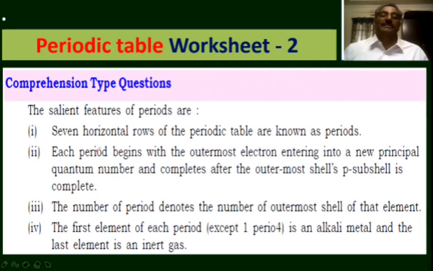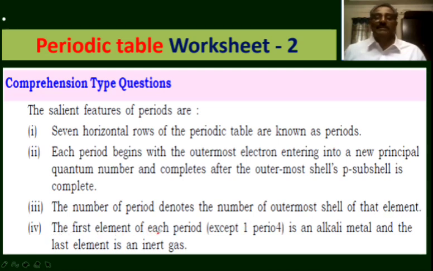Next, comprehension. A paragraph is given. The salient features of periods are: the 7 horizontal rows of the periodic table are known as periods. Each period begins with the outermost electron entering into a new principal quantum number and completes after the outermost p subshell is complete. The number of the period denotes the number of the outermost shell of the element.